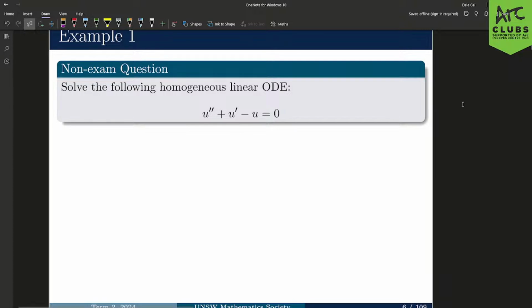Okay, now let's solve this homogeneous linear ODE. This one's a basic one. Just think of this as you want to write out the characteristic polynomial, which is, imagine just turning the second derivative to a power of 2.